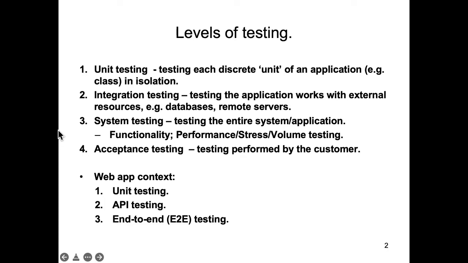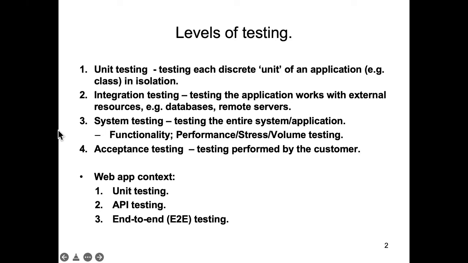You would try and test each of those individually. Then we have integration testing. That's where you're focused on where your application is communicating with external resources. Obvious examples would be a database, or a remote web API, where you need to ensure that those hooks are actually working properly.